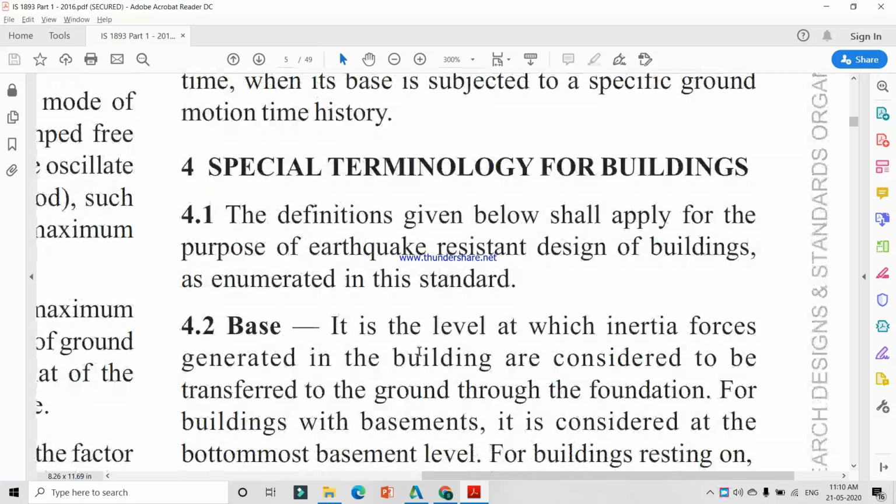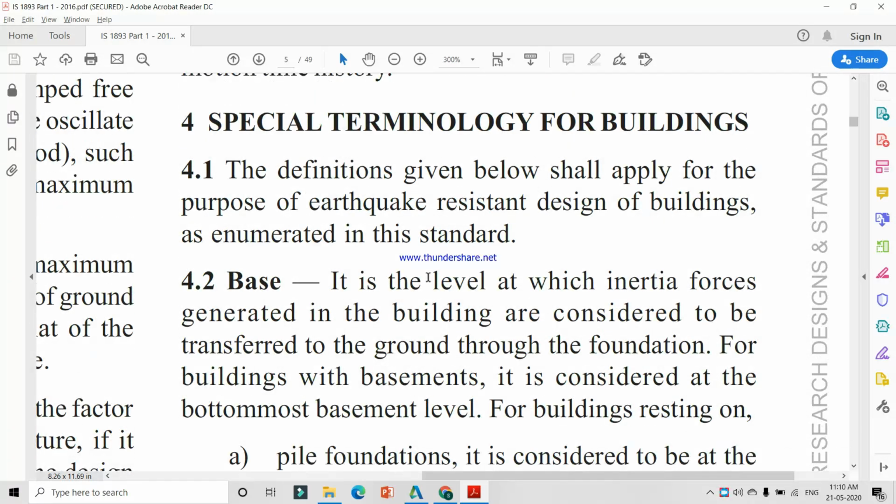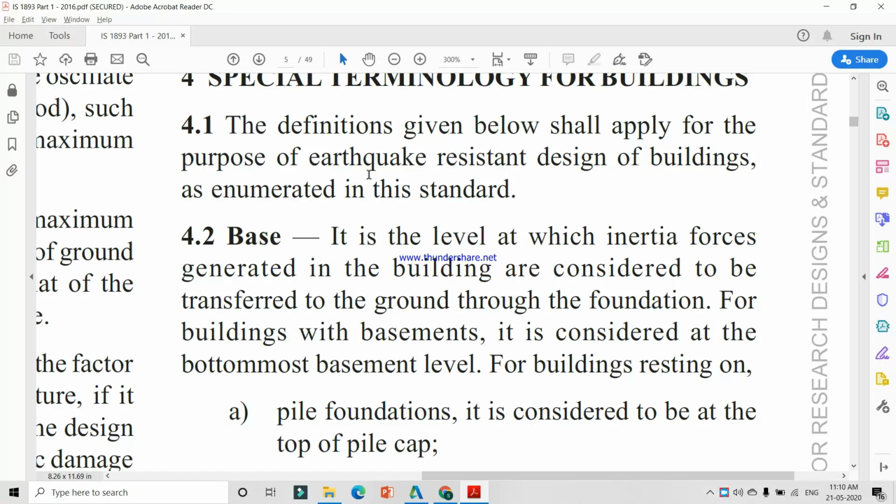These are the specific terminologies for buildings. What is the first one? The first one is base. Base is the level in which the inertia force generated during the oscillation of the building is generally transferred to the ground through the foundation.